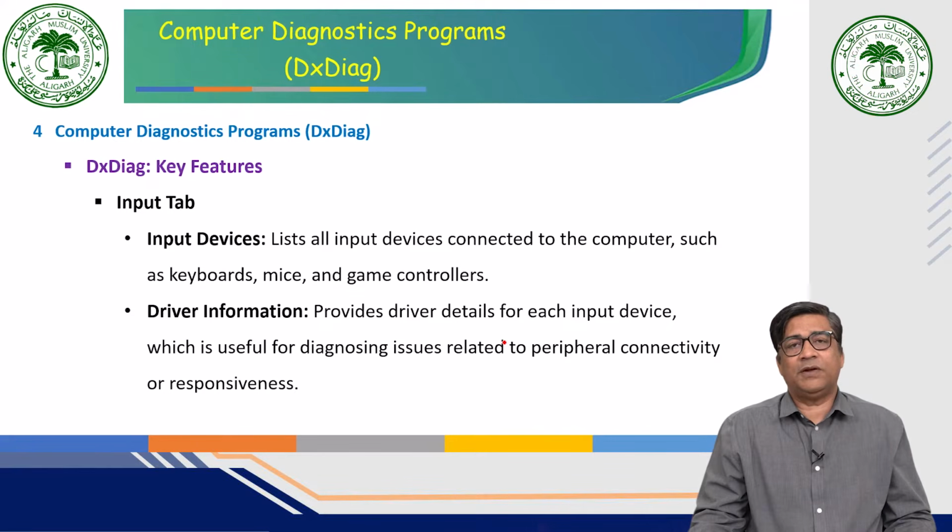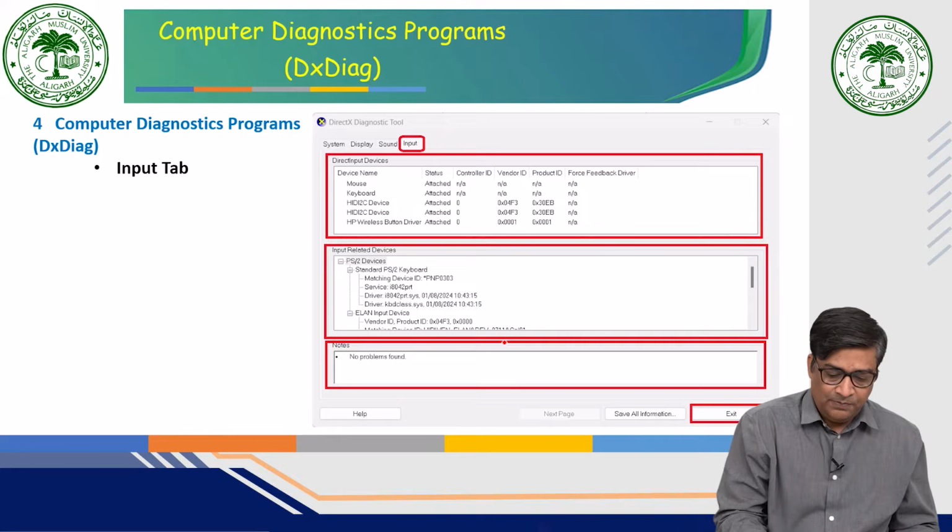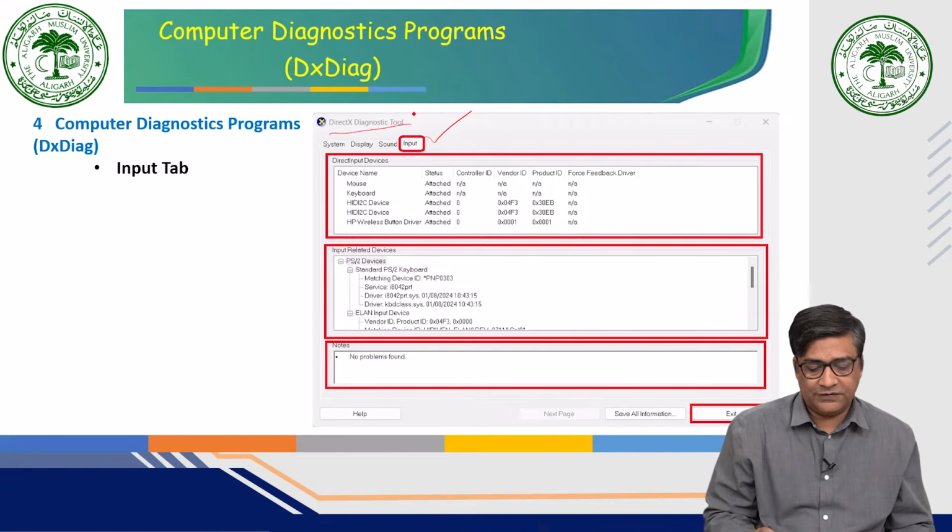These are sometimes very helpful when we have certain issues in our peripheral devices and we are trying to do some troubleshooting, and we want to know where the problem is in our computer systems or in our devices. So let's see this tab also. You can see here I am in the input tab of the DirectX diagnostic tool.